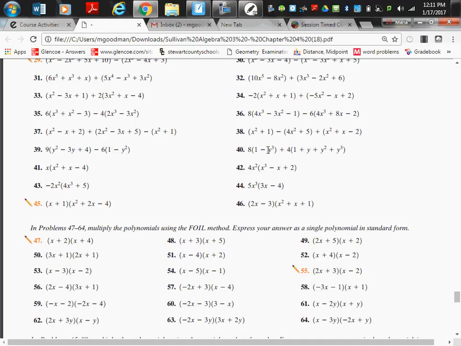But how many Y cubes do you have? One. Oh, you're talking about that. So right here, this is a 1. So what's 8 times 1? So it's going to be 8Y to the third.